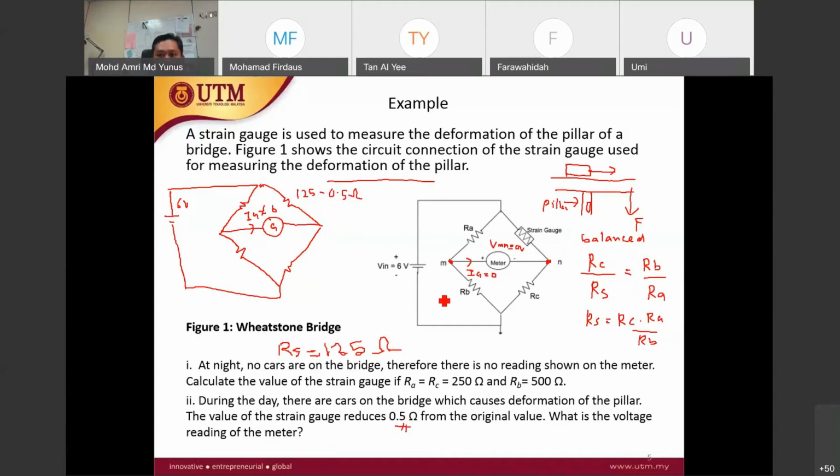Assuming RC is 25 ohm, RB is 500, and RA is 250.